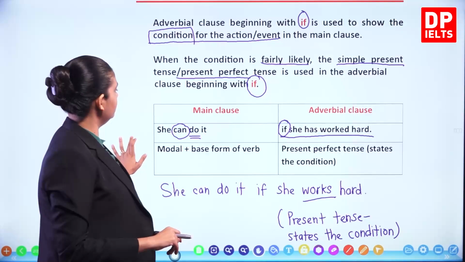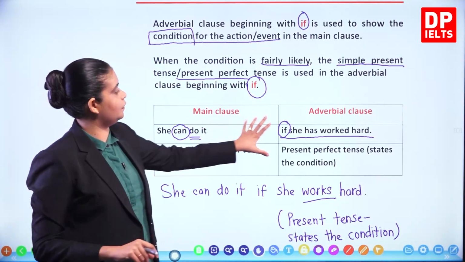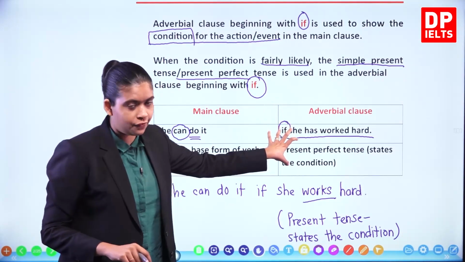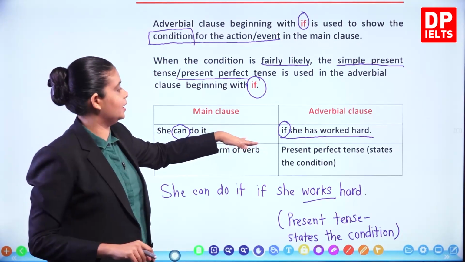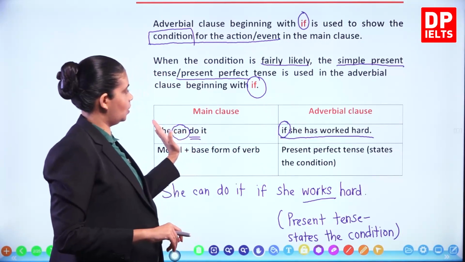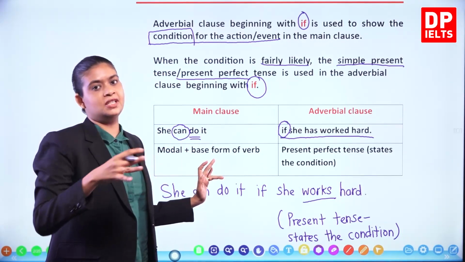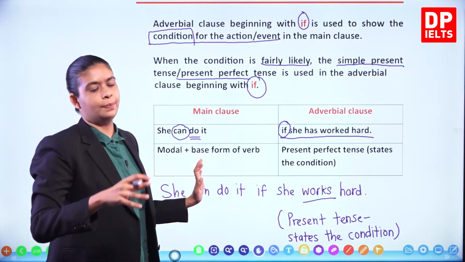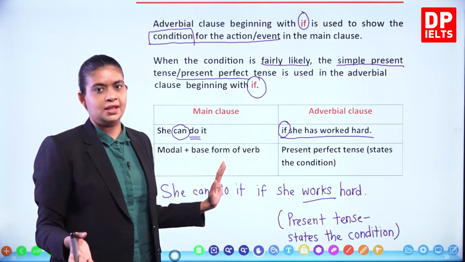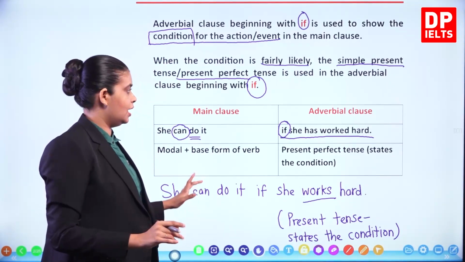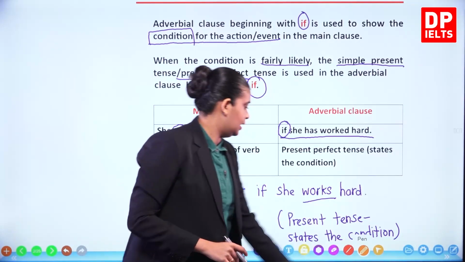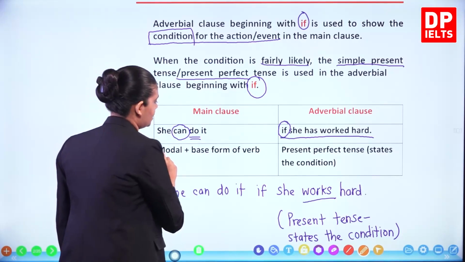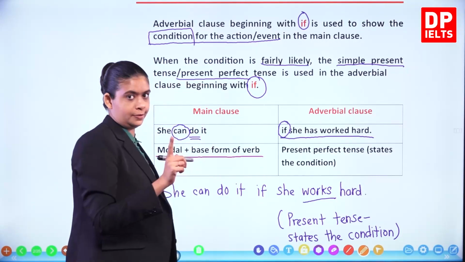Now, in this one, I told you, if the adverbial clause is beginning with if, this condition has to be completed. It shows the condition of the main clause. And then if it is fairly likely to happen, you can use the simple present tense or the present perfect. In this, the main clause structure is the modal plus the base form of the verb.